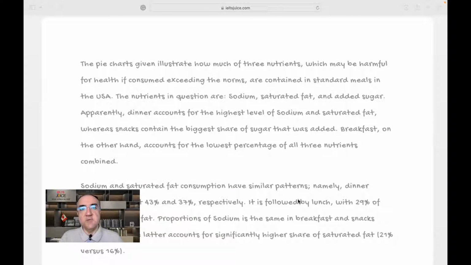The pie charts given illustrate how much of 3 nutrients, which may be harmful for health if consumed exceeding the norms. I like that structure. Punctuation is correct. Exceed has this negative connotation, and for those who are not familiar with the word connotation, let me just briefly say that when you say a word, it might have some positive feeling or negative feeling, and in some cases maybe just neutral.